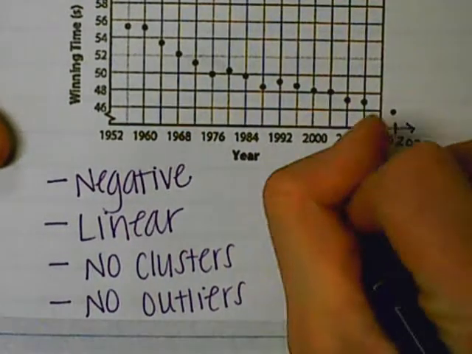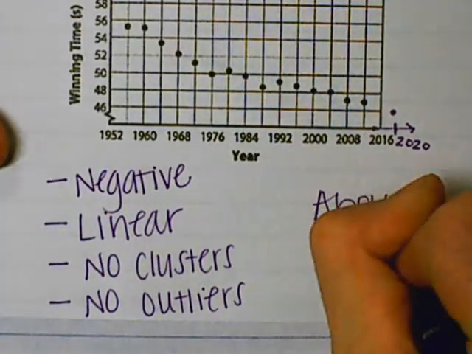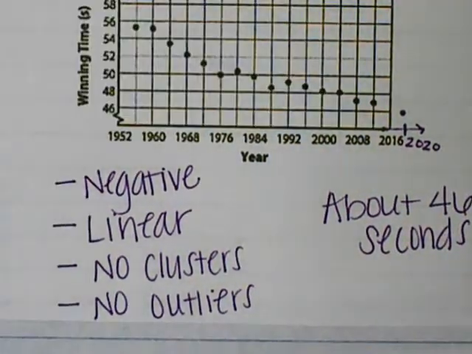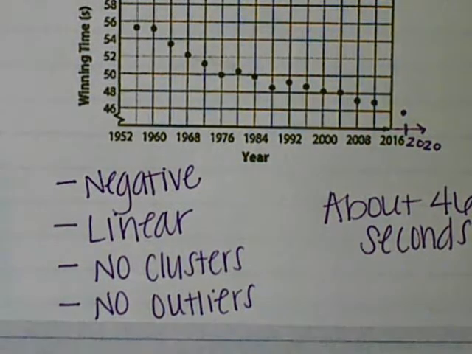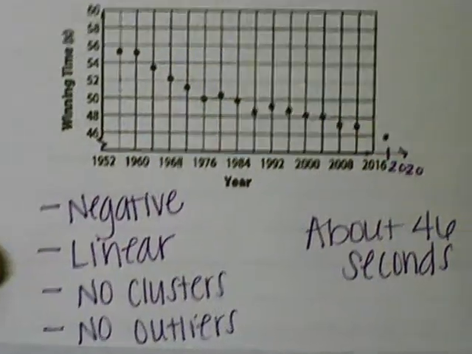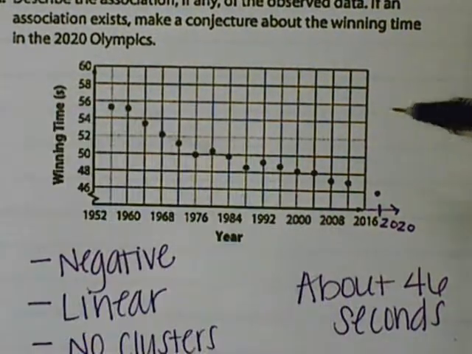I'm going to say about 46 seconds, based on the rate at which it has been going down. The point that I added goes along with the trend line. If I were to have put a dot here, that would not be a reasonable estimate based on the scatter plot.